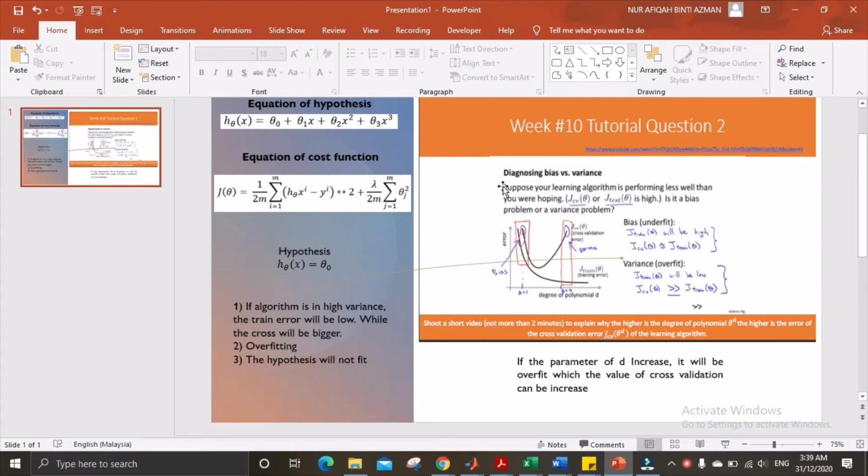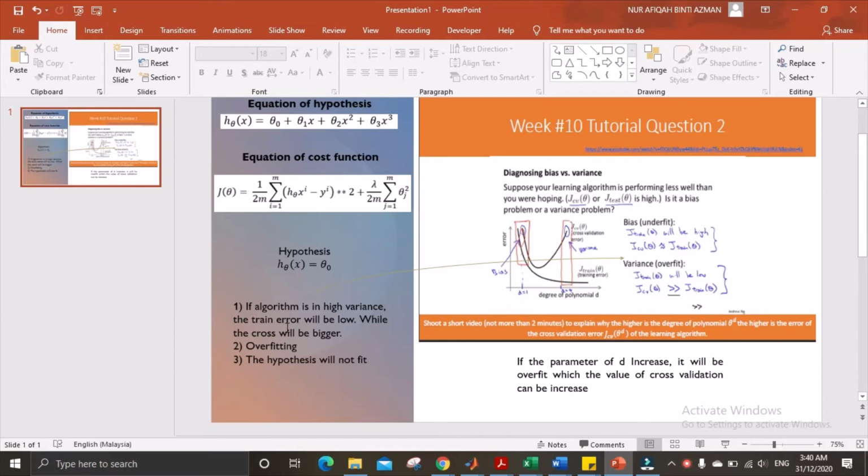Okay, as you can see, this is a diagnosis of bias versus variance, where the x-axis is referring to the degree of polynomial d and the y-axis is referring to the error. The problem for this diagnosing bias versus variance is based on the variance problem.